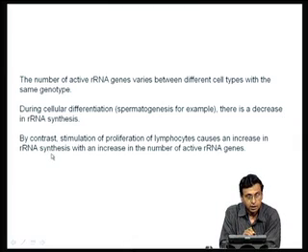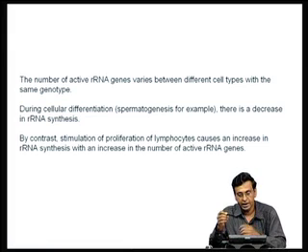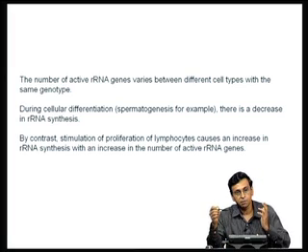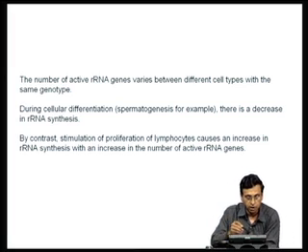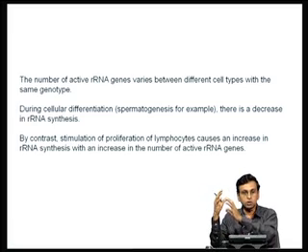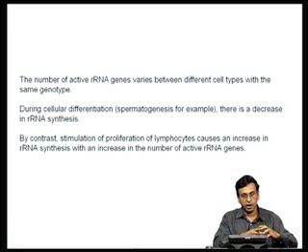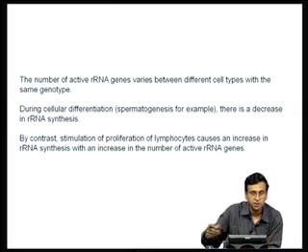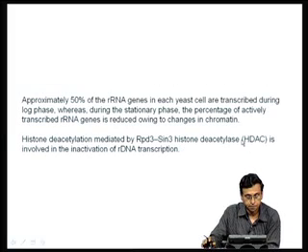In contrast, when you stimulate cell proliferation, for example if you take lymphocytes and add molecules like phytohemagglutinin (PHA), it enhances cell proliferation, and during such proliferation there is a dramatic increase in the number of rRNA genes transcribed as well as rRNA synthesis. So, when cells undergo differentiation, there seems to be a decrease in rRNA transcription, but when you stimulate cell proliferation, there seems to be an increase in rRNA transcription.